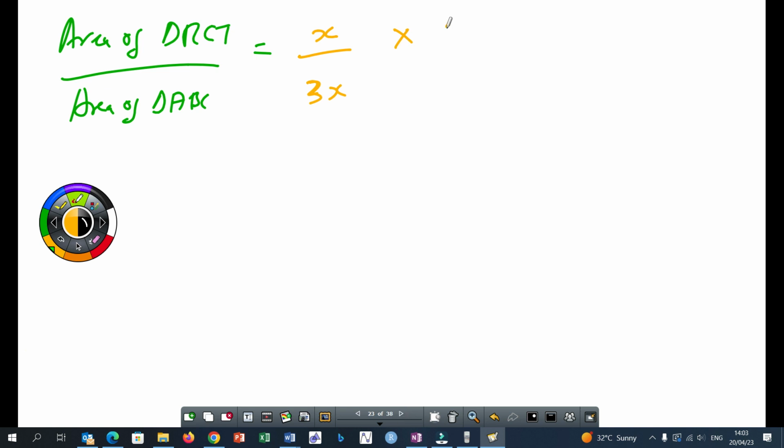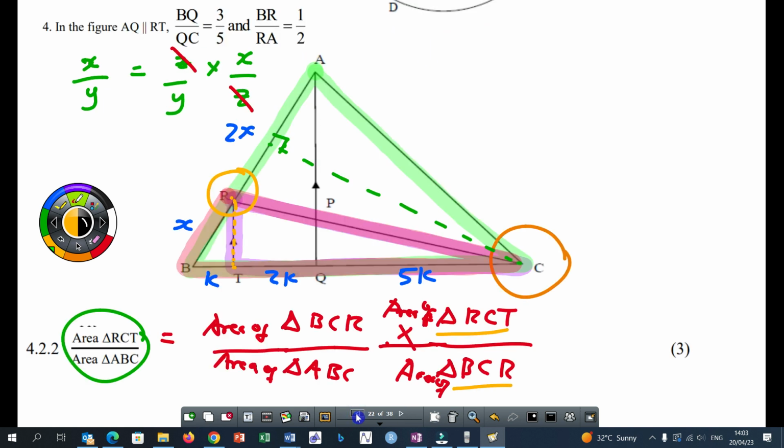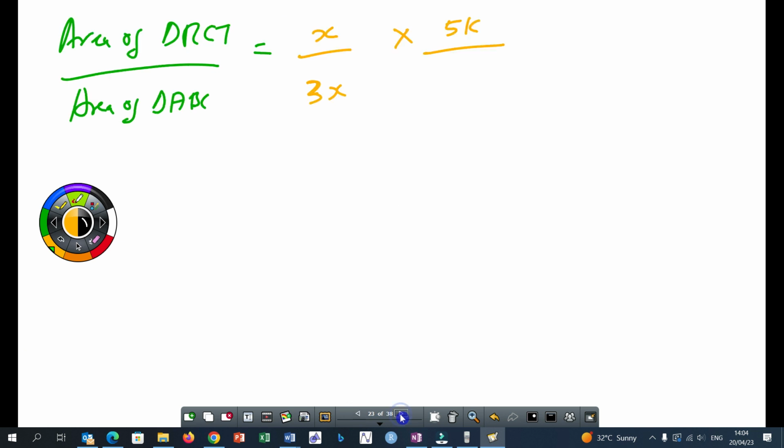So we are going to have 7k divided by BCR, whose base in terms of k is going to be 8k. Do you see that?